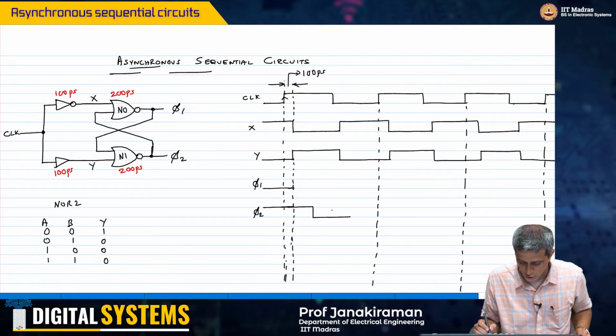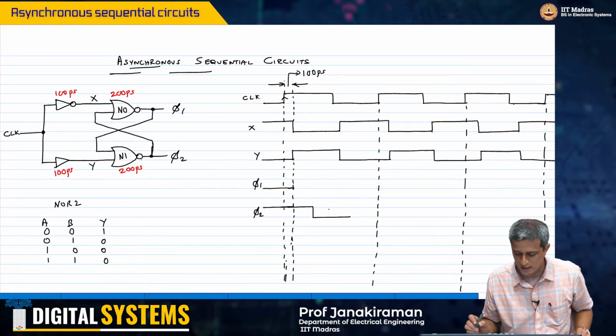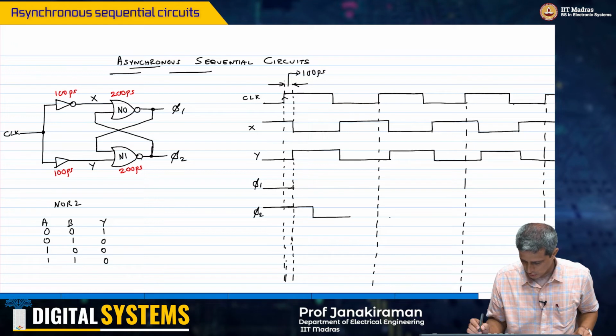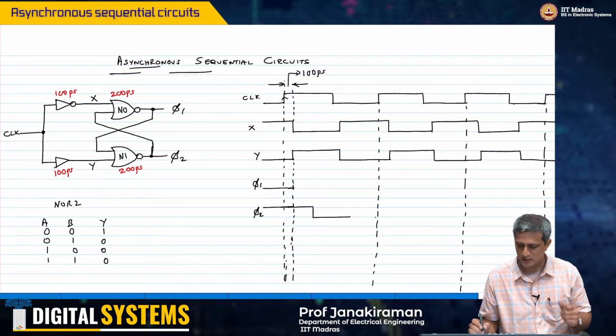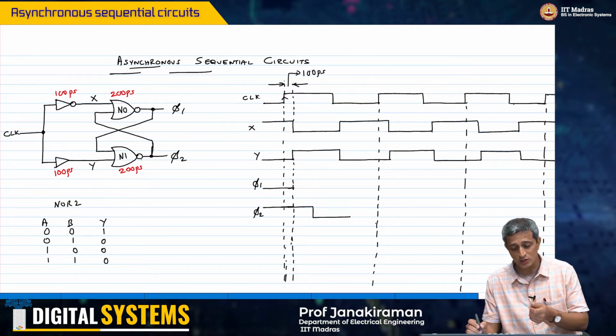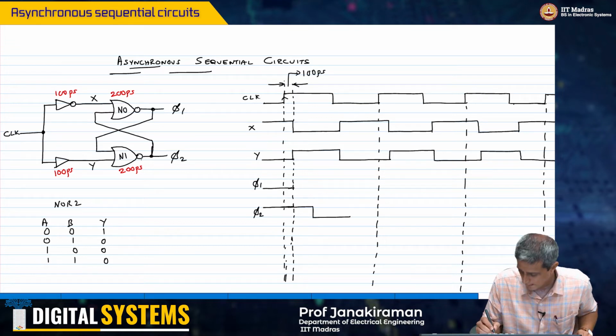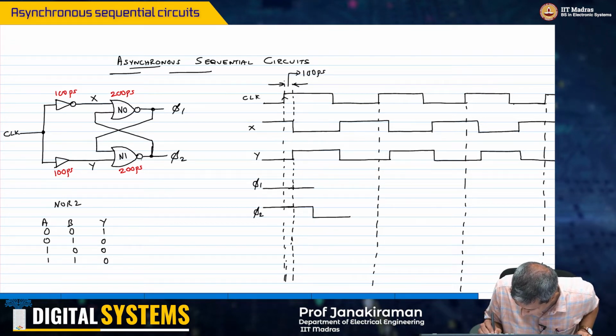Now what happens to phi 1 in the meanwhile? My phi 1 simply continues to be 0 because phi 2 is still 1. So therefore this will continue to be 1.